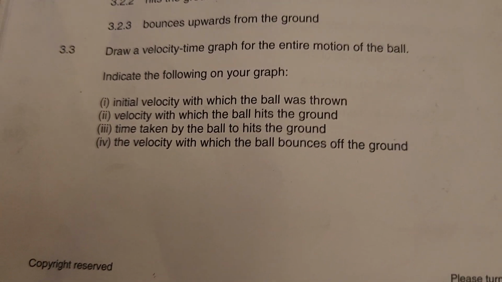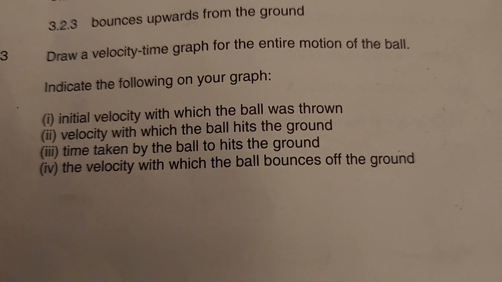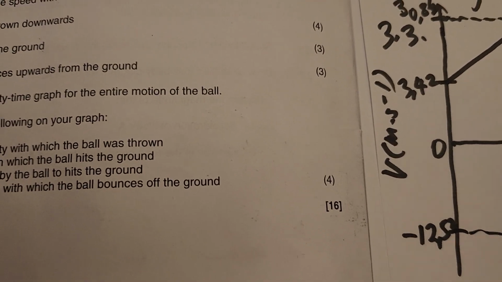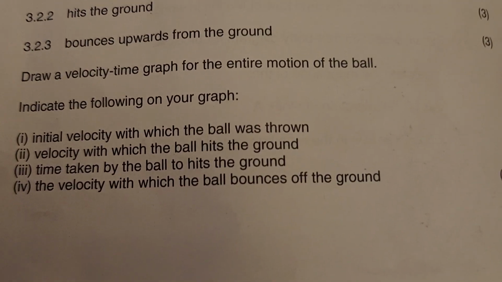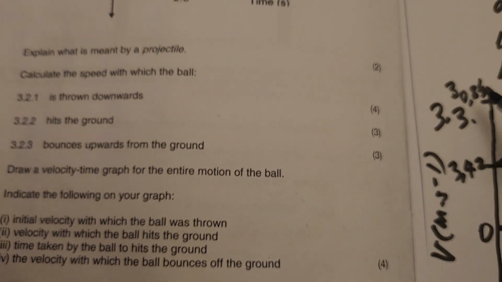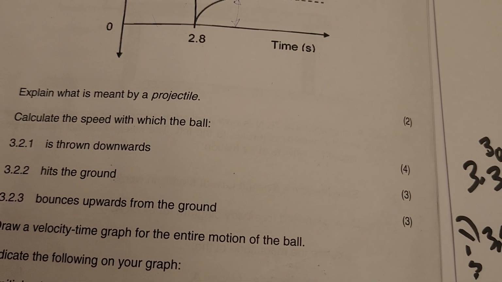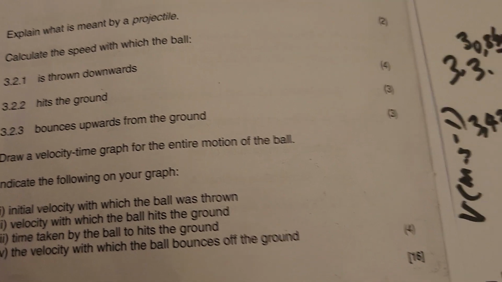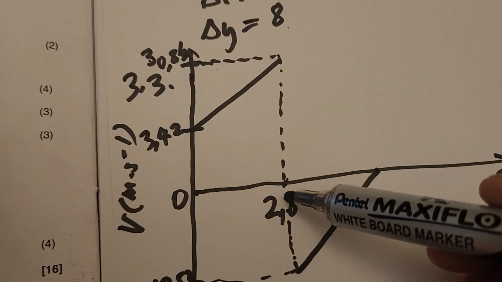On this one, you see I indicated the following: the initial velocity of the ball, 3.42, we are fine. The velocity with which the ball hits the ground is 30.86, we are fine. The time taken by the ball to hit the ground is 2.8, we have shown that one.